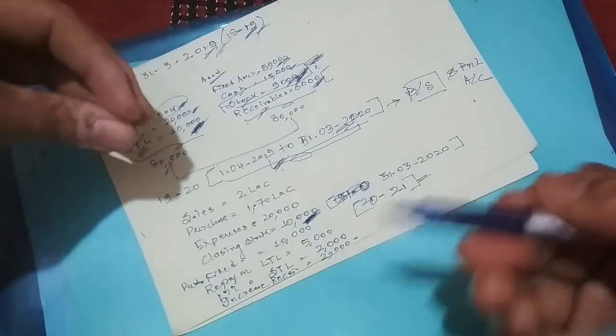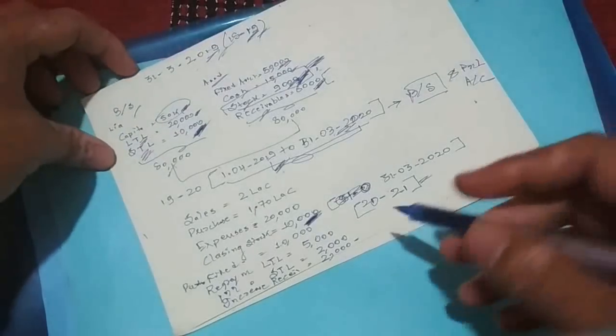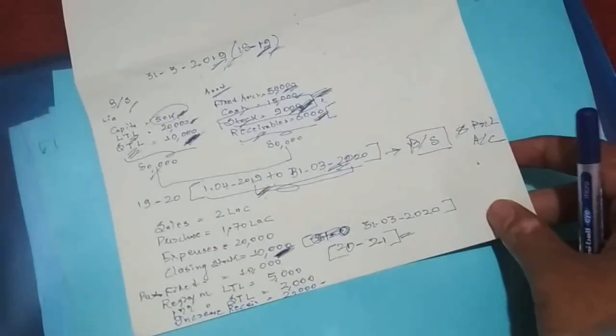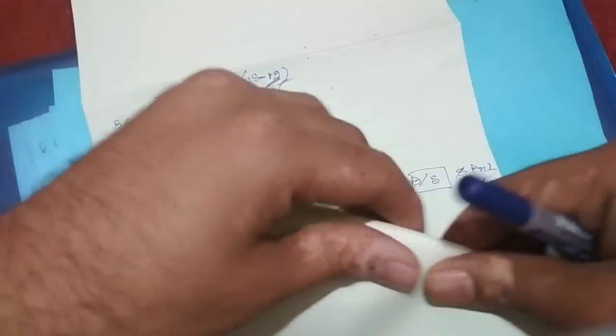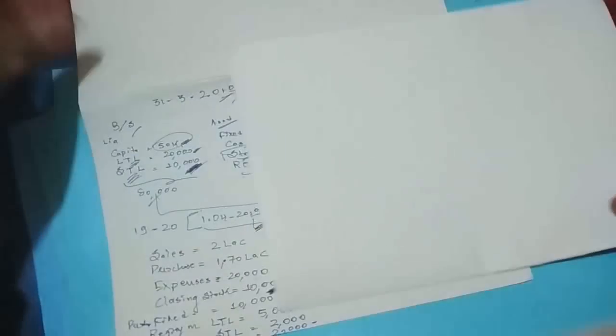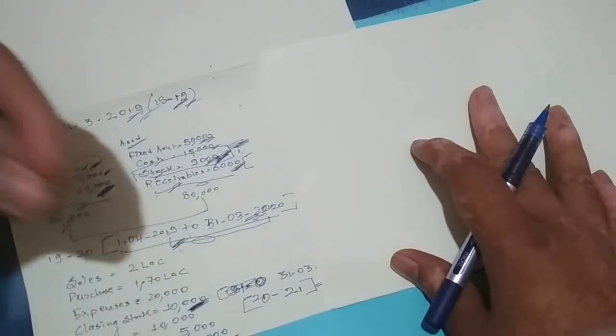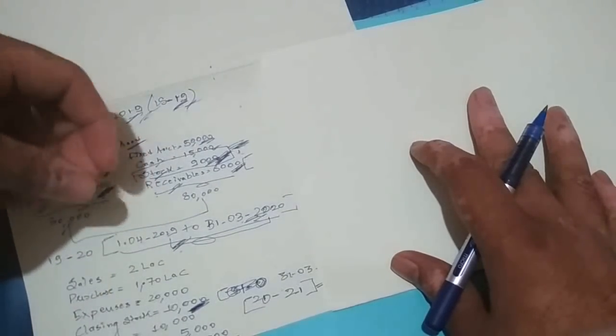Now you will have to make the profit and loss account for the year 1920 and the balance sheet for the year 1920. So how can we make them? First, we will make the profit and loss account, because it specifies the performance for the year 1920.